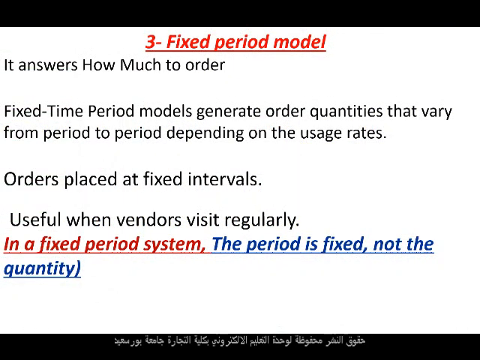Fixed period model. It answers how much to order. Fixed time period models generate order quantities that vary from period to period based on the usage rates. This system of inventory management requires a higher level of safety stock than a fixed order quantity system, so there is a possibility of stock out between intervals. Orders are placed at fixed intervals.